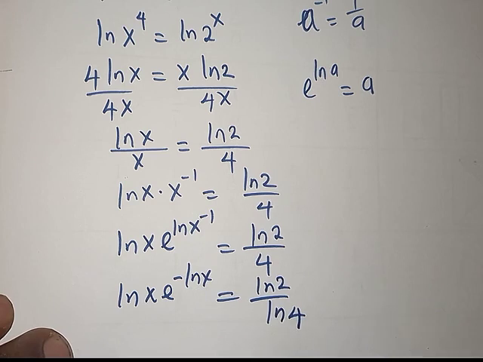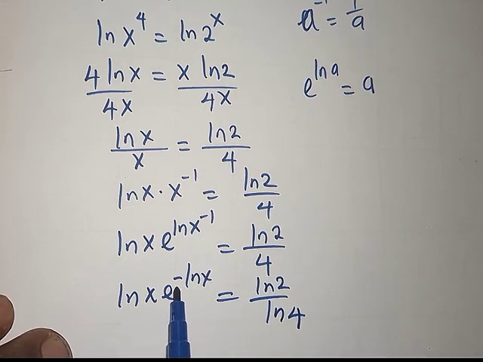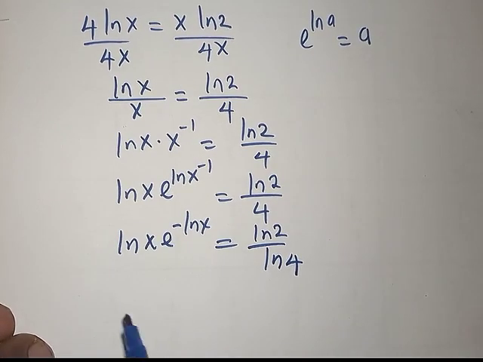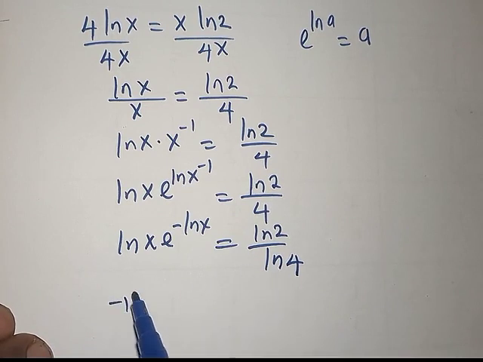The only issue we have here is the negative. We look for a way to get rid of this negative sign. Then what we do is we multiply both sides of this equation by minus 1.